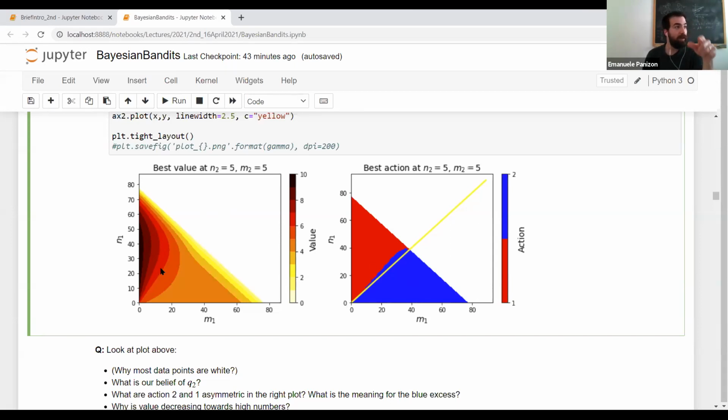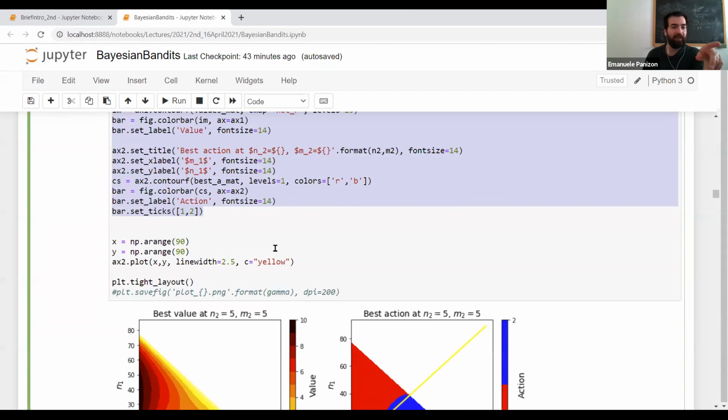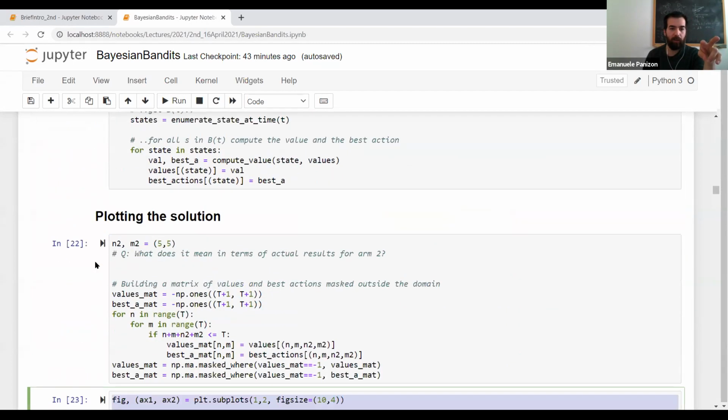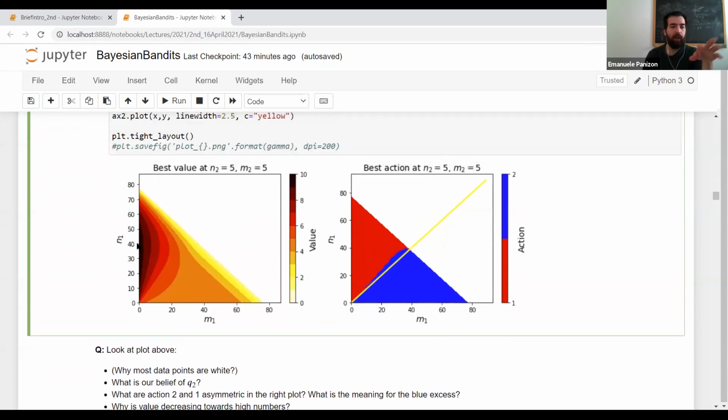So the value already gives us some nice information. You see my pointer, right? Okay, good. So look here. Since gamma is 0.1, I have a discounted value which is probably 9, 10, in that range.